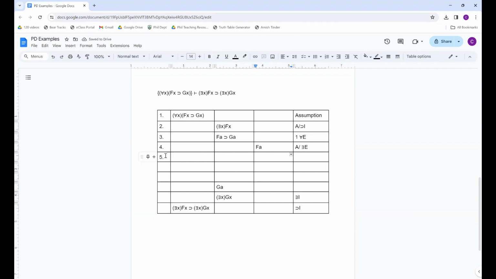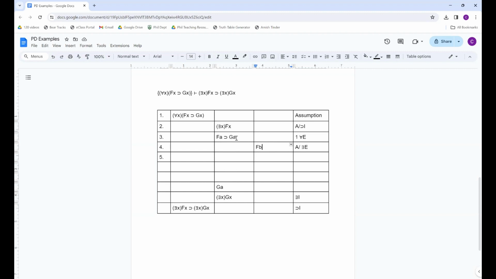Another possibility would be we could try using existential elimination on a different constant. So let's say we tried introducing B here instead. And then we'll try to derive GA inside here and pull that out. But see, here we're going to run into the problem that what we have to work with at this point is FB, and if FA, then GA.